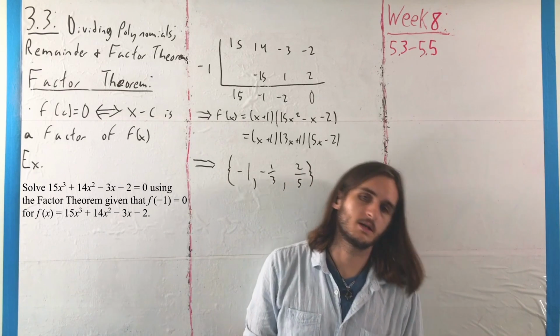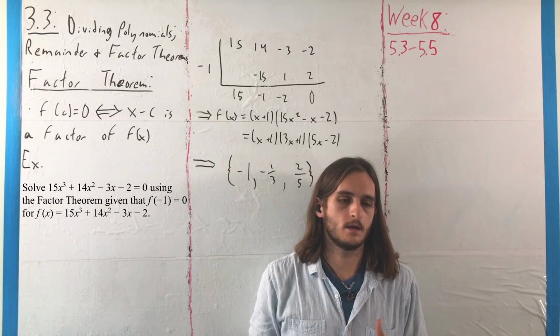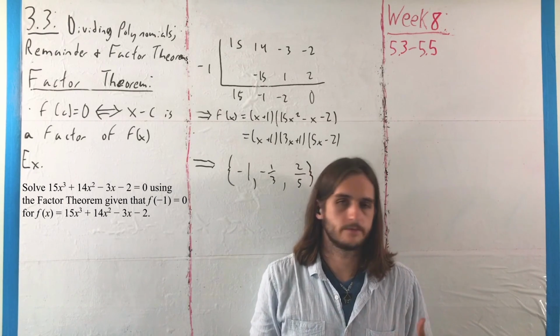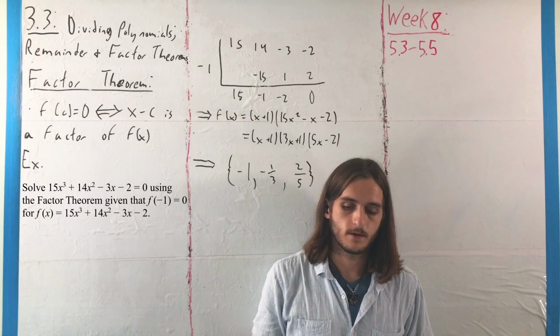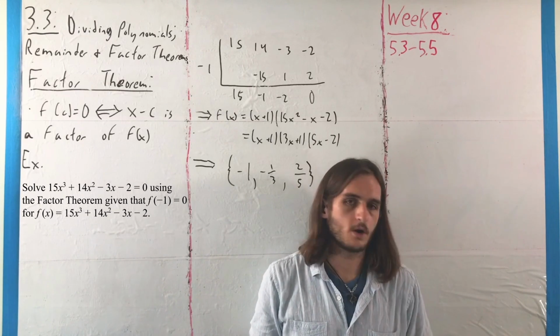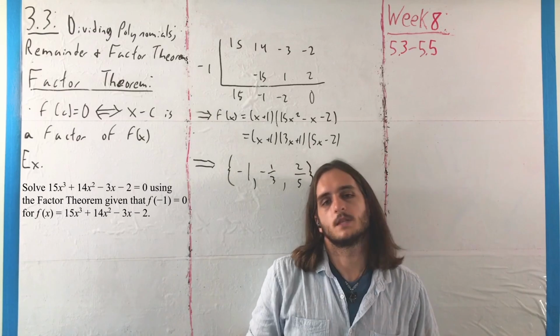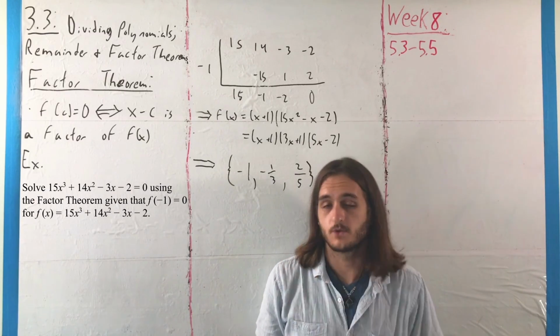And what we're going to talk about in our next section in 3.4 is how we work when we don't have such manageable pieces in terms of things like the rational root theorem, Descartes' rule of signs, and other methods that we have for avoiding unfactorable things.